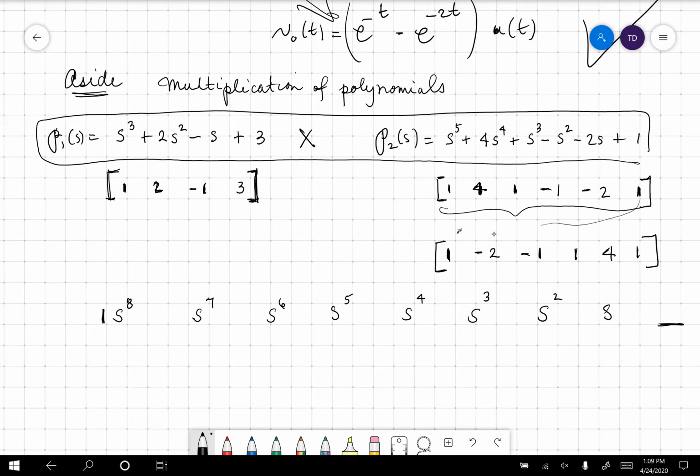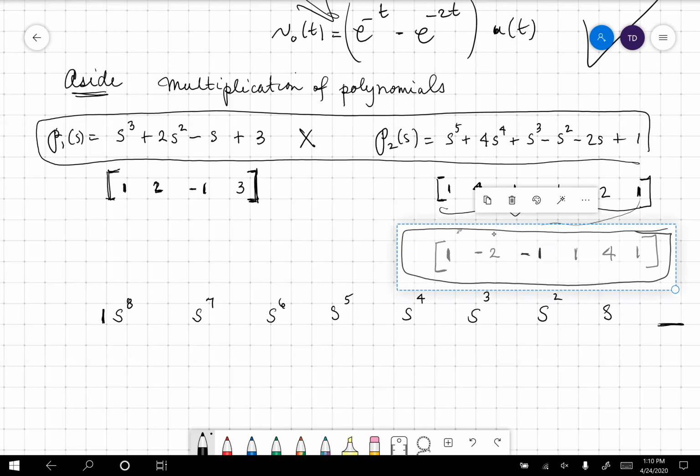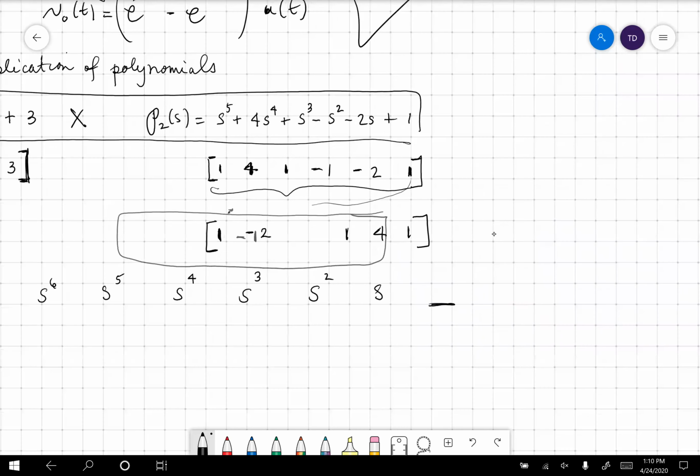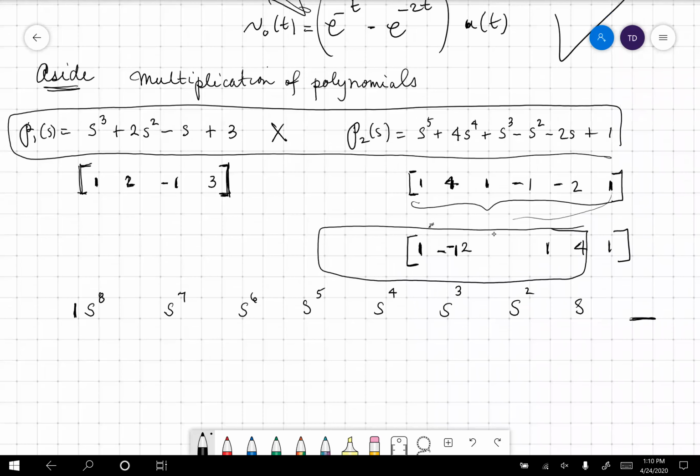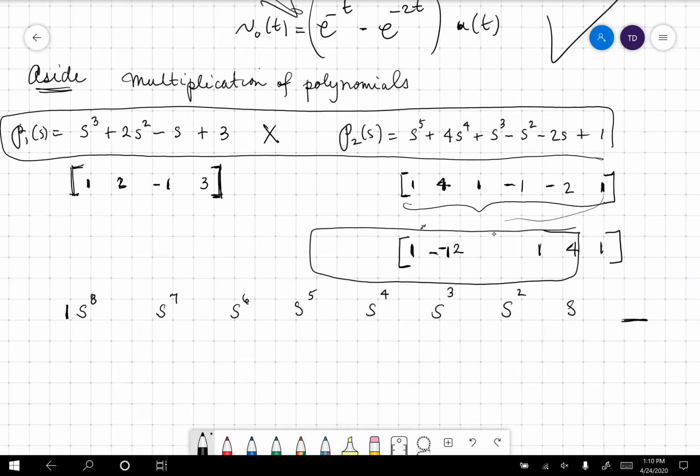Now if we look at that whole piece, this thing slides every time I don't want it to, so let's see if I can clean this up. So we have 1, minus 2, minus 1.